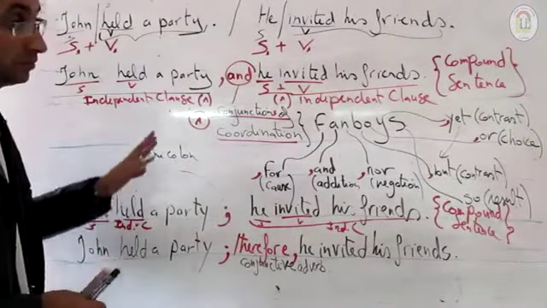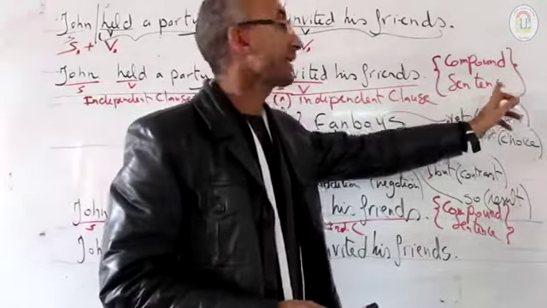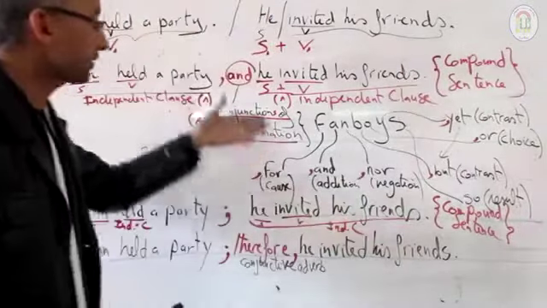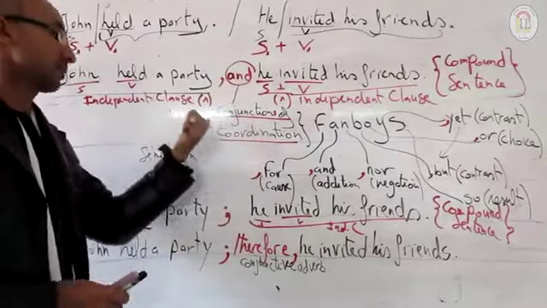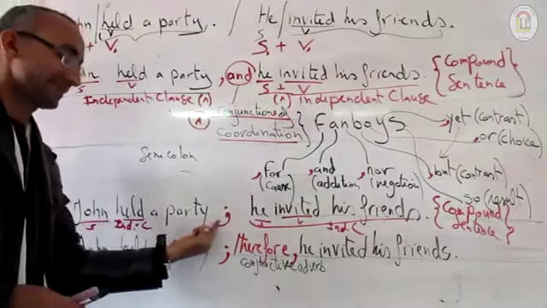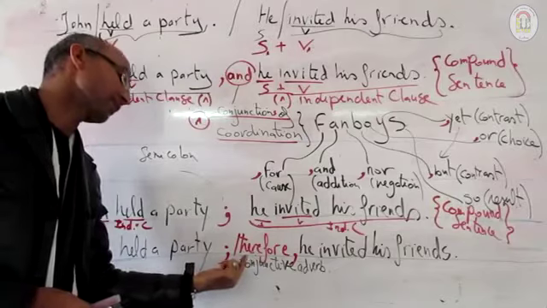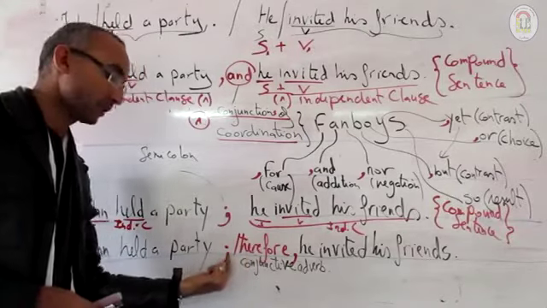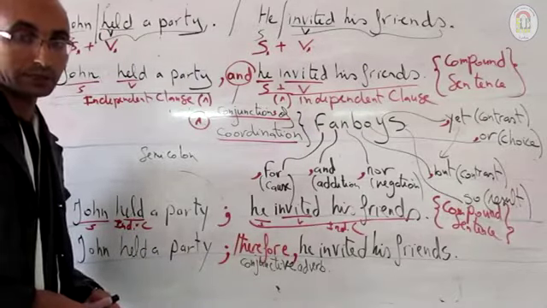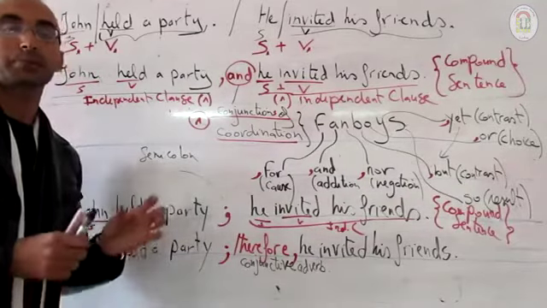If you want to add another independent clause here, we can join it to the previous clause by means of one of these markers: either a conjunction of coordination, the fanboys, or only a semicolon, or the appropriate conjunctive adverb, preceded by a semicolon and followed by a comma. So, this is my second type of sentences, which is the compound sentence.